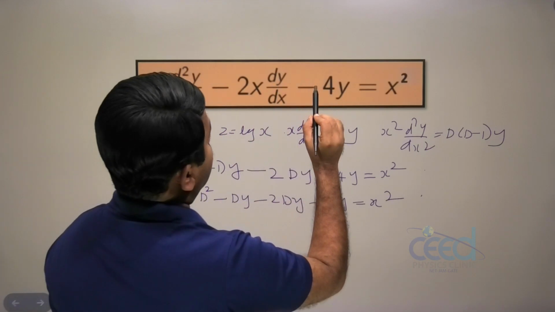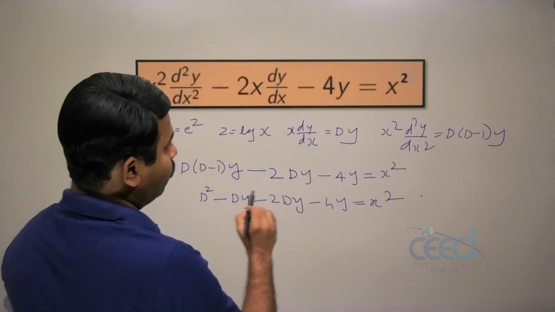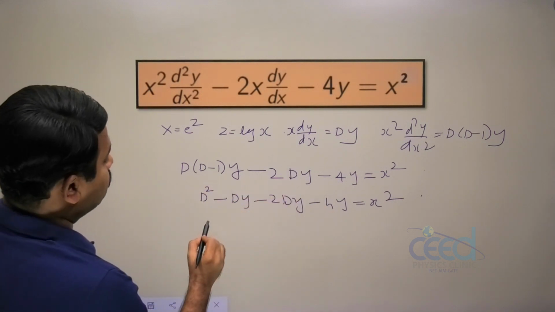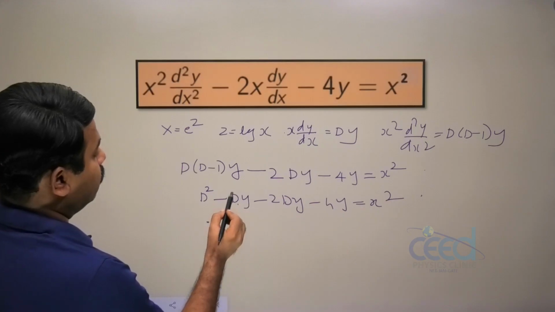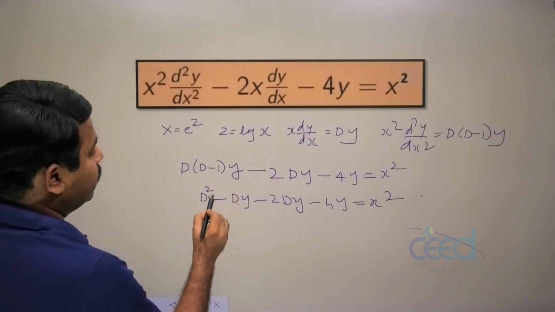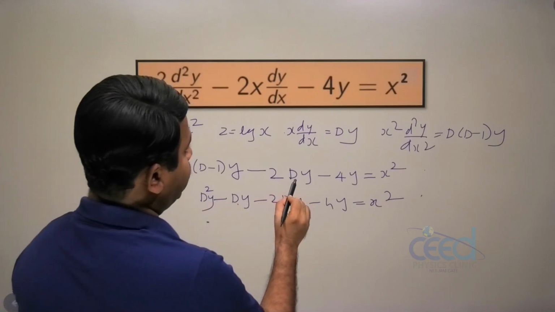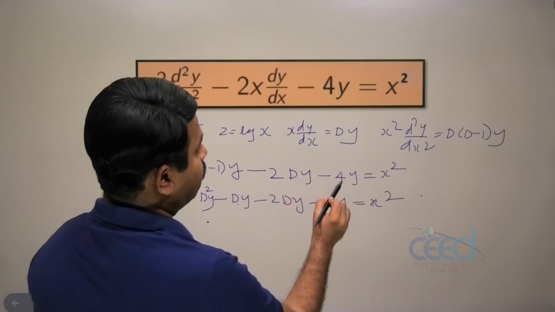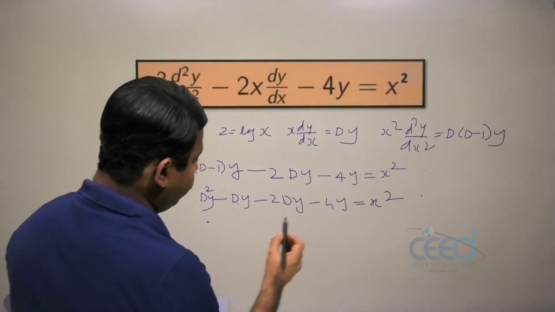Now look here, I made a mistake. Here the y, all of them we take out, right? Then here D square minus D, here also D square y, right? Then here 2Dy. Yes, it is correct. Here 4y. Okay, now the y we can take out.